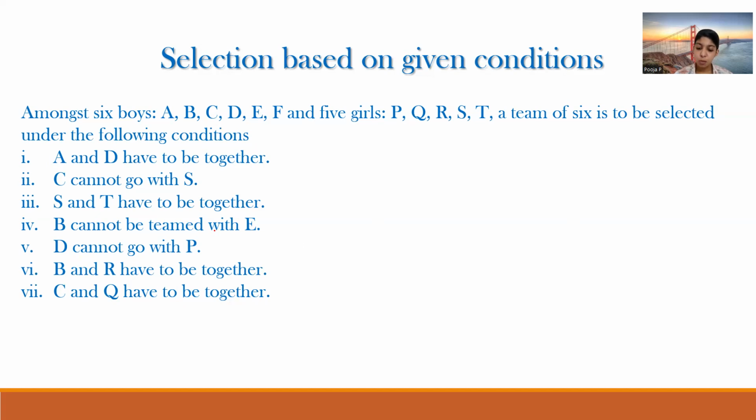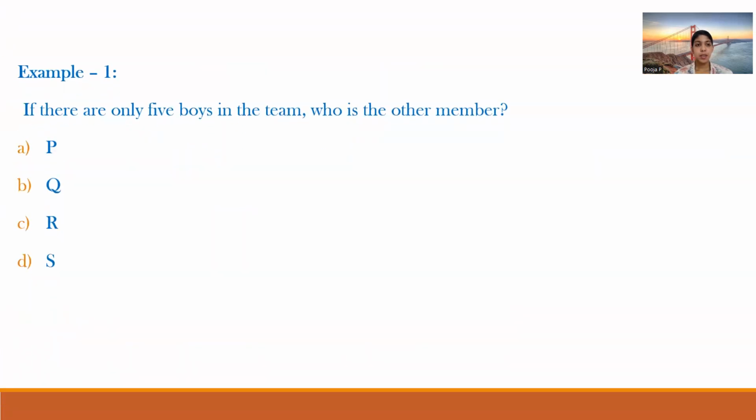All right, so let's move to the questions. If there are only 5 boys in the team, who is the other member? They have asked us to select 5 boys out of 6, and the total team size should be 6 members. So how many boys are given? 6 boys. Among them, how many are you going to select? 5. If you're taking A, it also implies that D should also come.